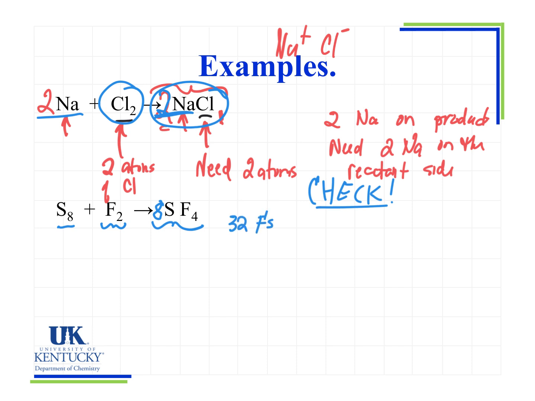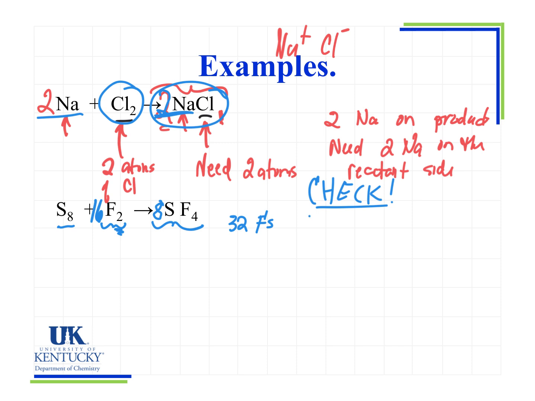So I have to come over to the left side and come up with a coefficient in front of the F2 to give me 32 fluorines. Well, every F2 already has that subscript of 2, so what times 2 gives me 32? Well, that's a pretty big number. 16 times 2 is 32. So that would be the fluorine's coefficient.